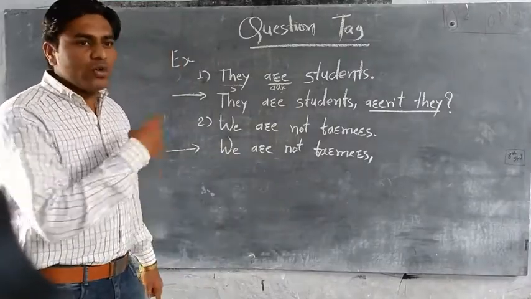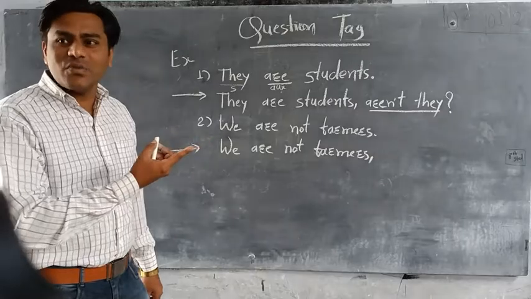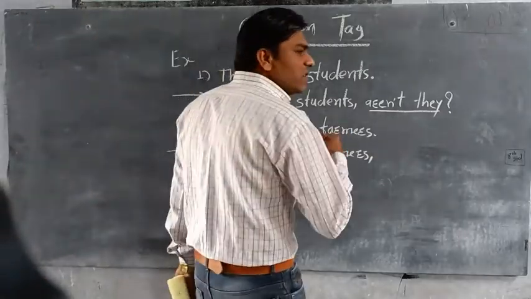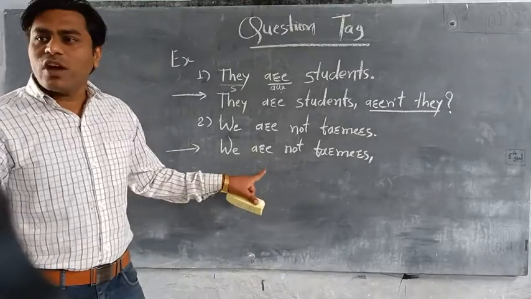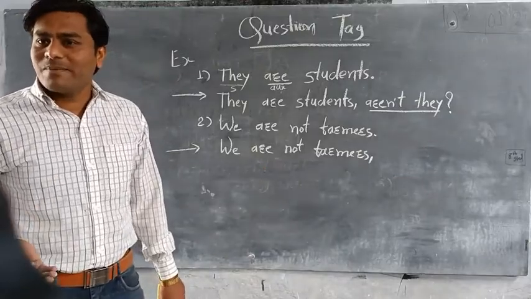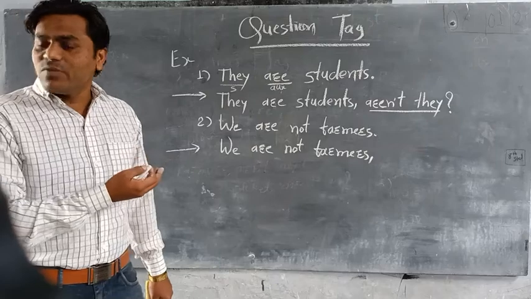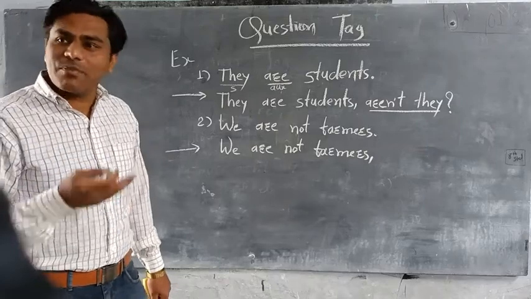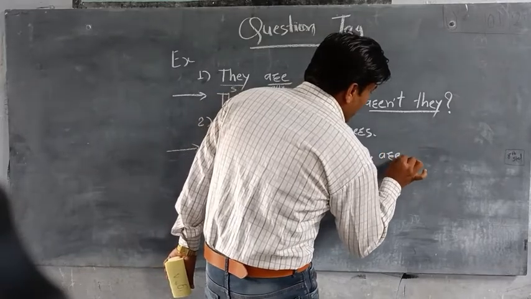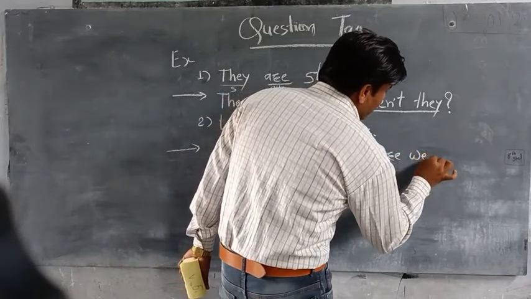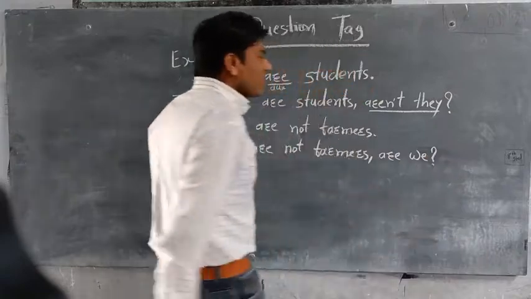So we have to make there are we. We just have to remove the not because we have to make the positive question tag. The sentence is in negative form, so we have to make the question tag positive. So write there: are we? And then we put the question mark.